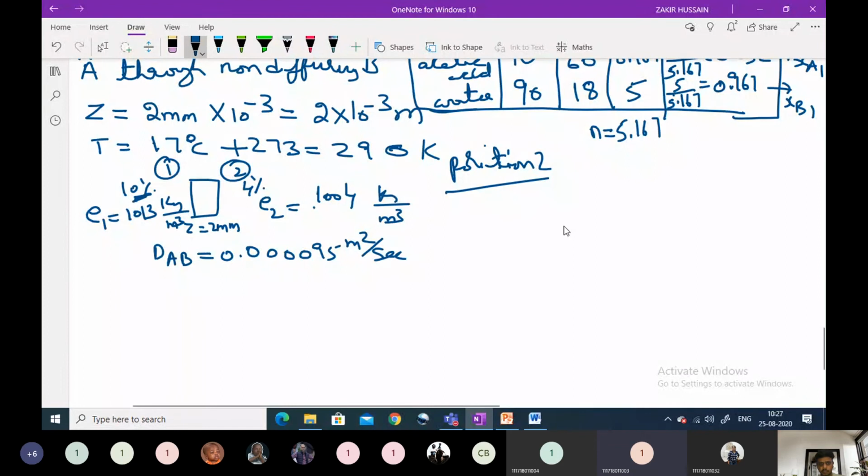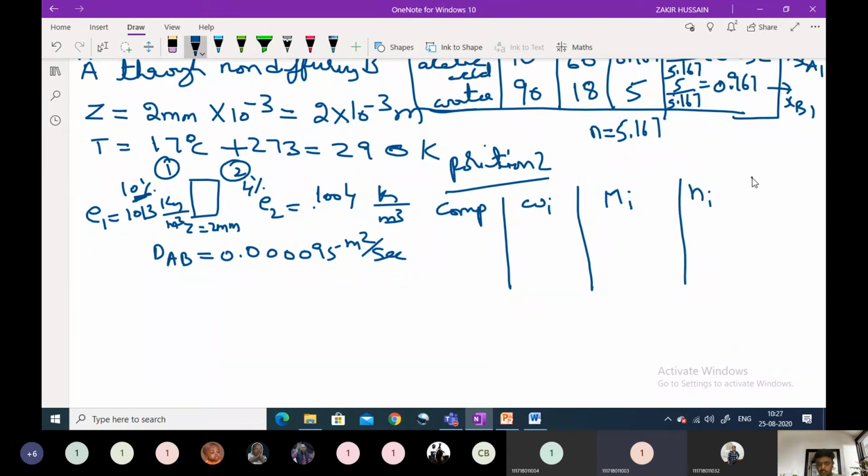Okay, position 2 also, the same things we have to repeat. At position 2, the columns are components, weight, molecular weight, moles and mole fractions.